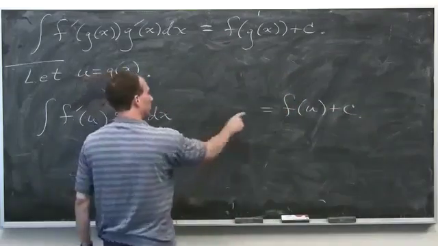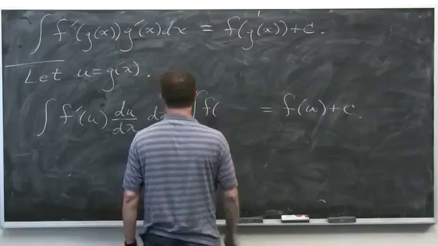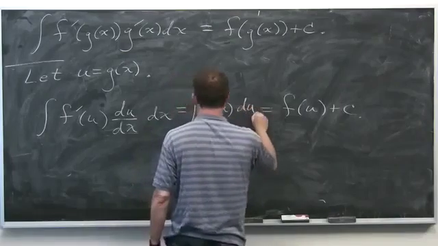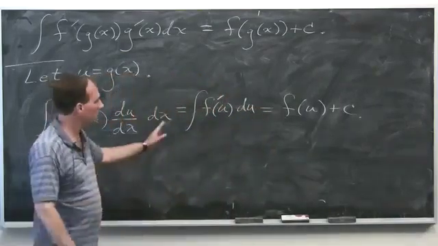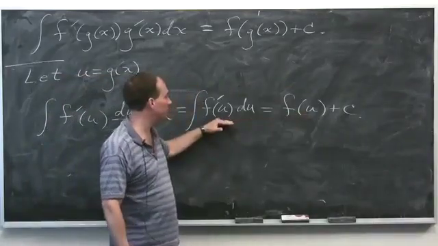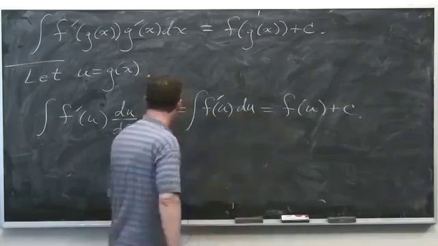But f of u plus a constant is the same as the general antiderivative of f prime of u with respect to u. Right? Because the derivative of this with respect to u is just f prime of u. So an antiderivative of this with respect to u is f of u.